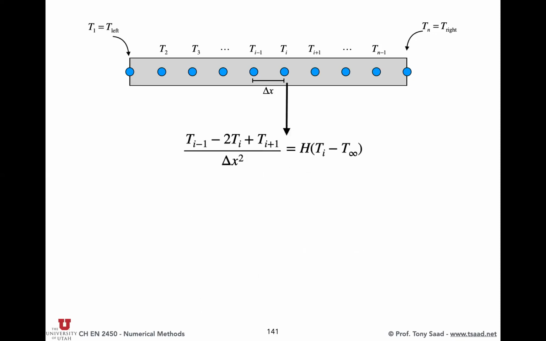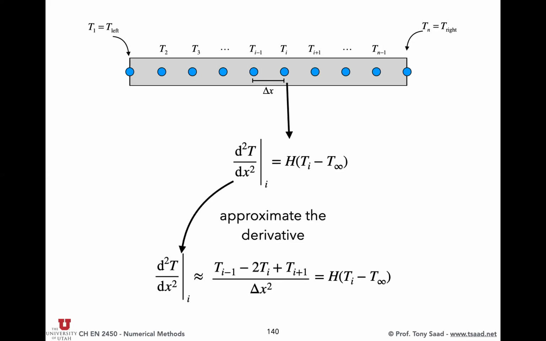So what this means is that we get this center difference formula for the second derivative, which relates Ti minus 1, Ti, and Ti plus 1 in the following manner. The right-hand side is still in terms of Ti. We're not going to worry about that.